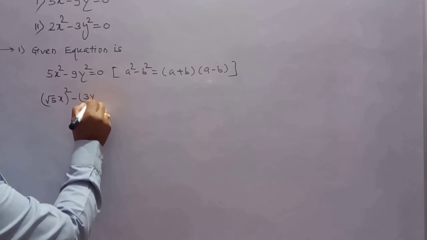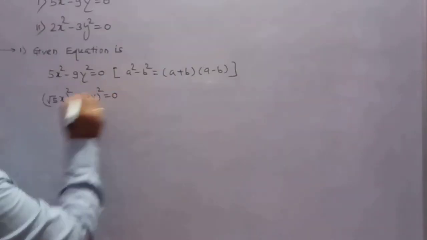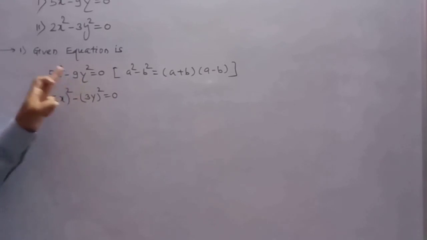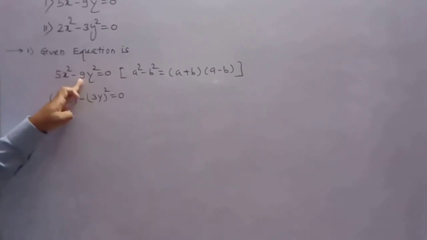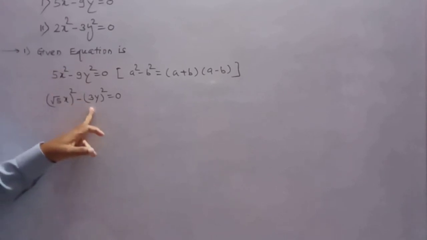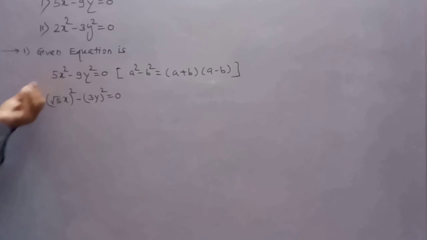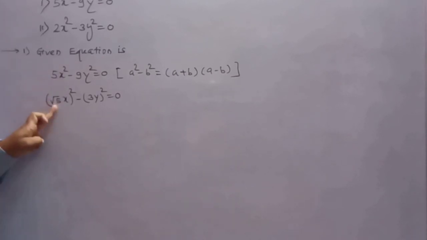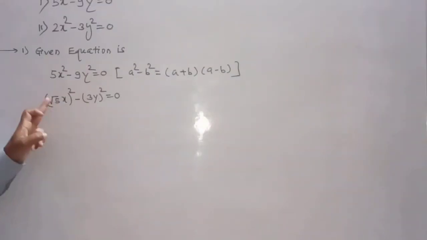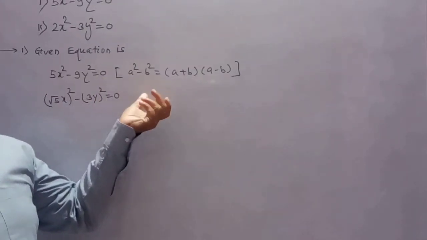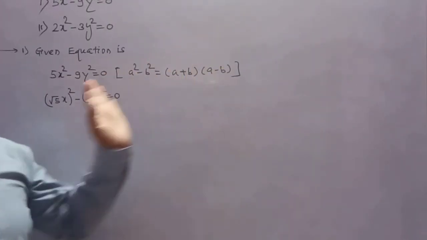We use the formula a square minus b square, factorised, is a plus b into a minus b.